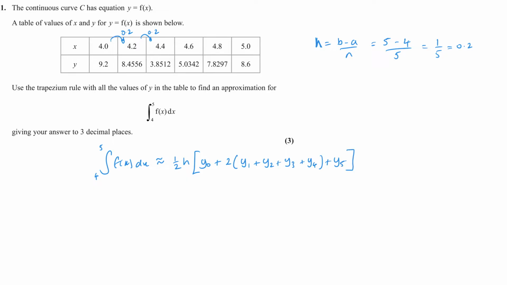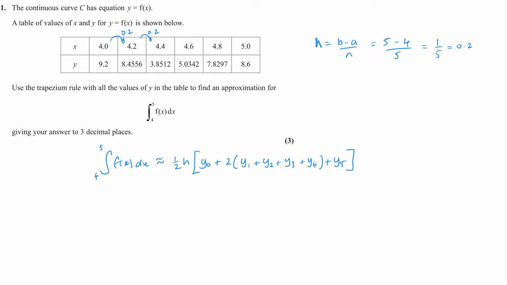So you've got your first one and your last one outside because they're only once, and then you've got your middle set which will be added up twice, which is why you've got 2 times.